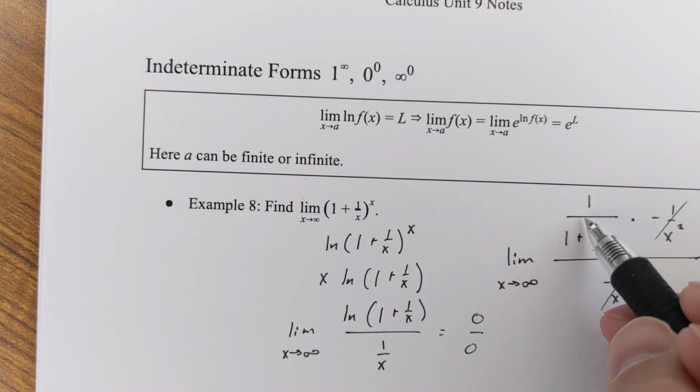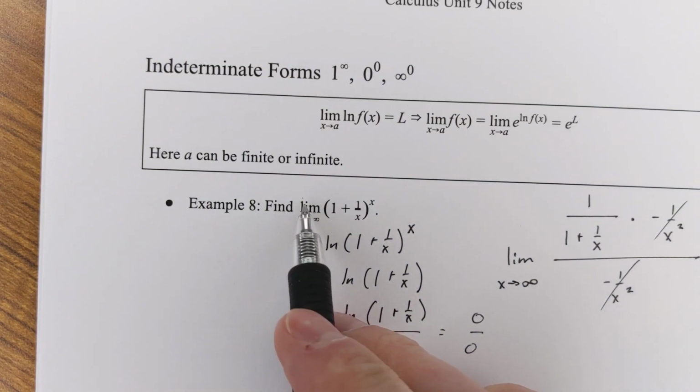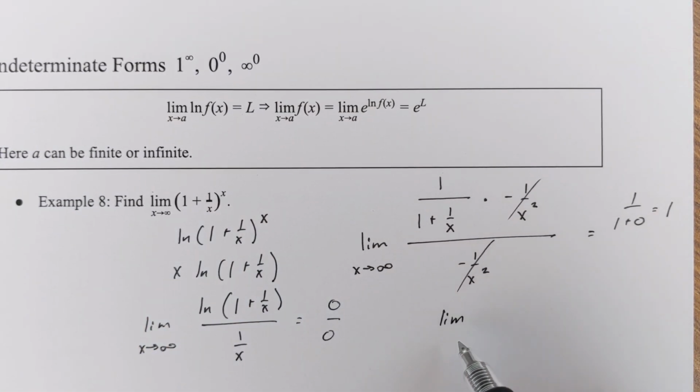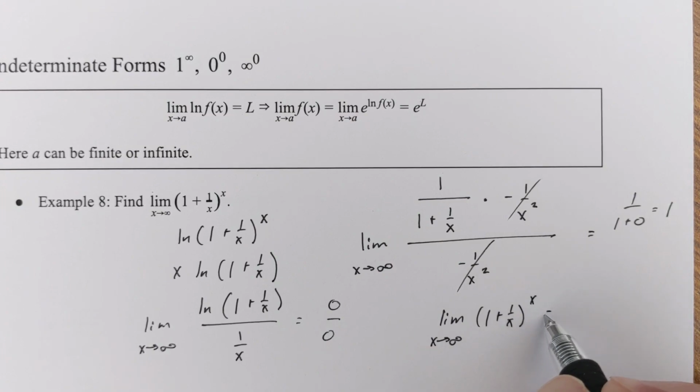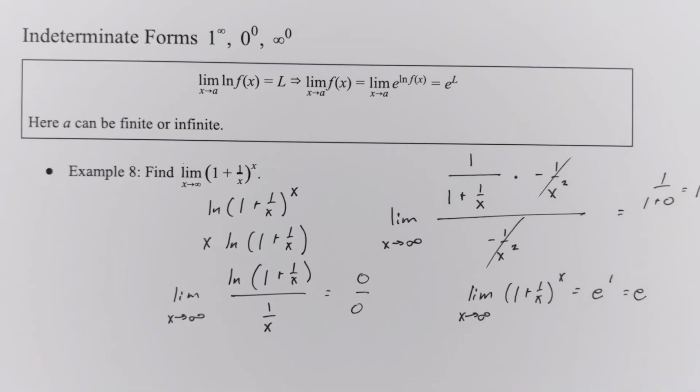So that becomes 1 over 1 plus 0, which is 1. Now, since I took a natural log way back here at the beginning, the limit as x approaches infinity of the original equation is equal to e to whatever limit I found was. So e to the first, or just e.